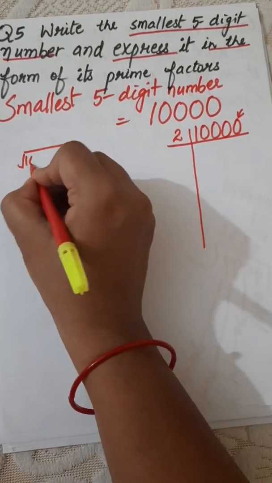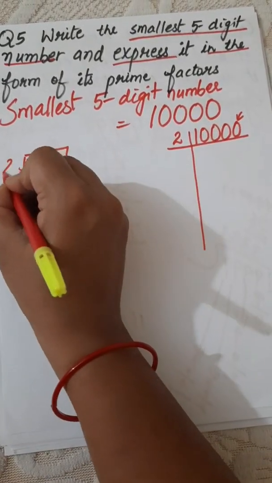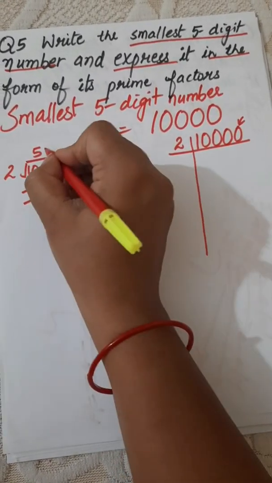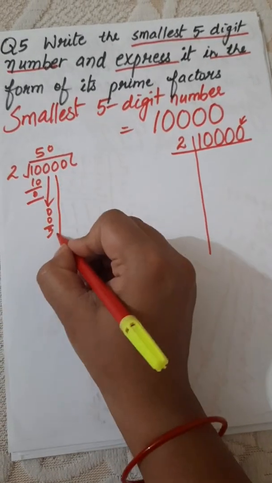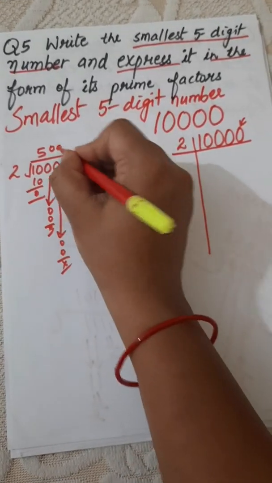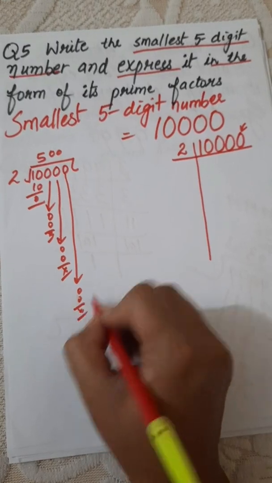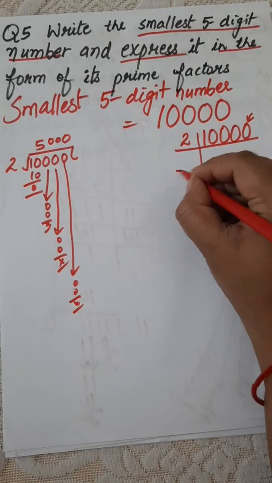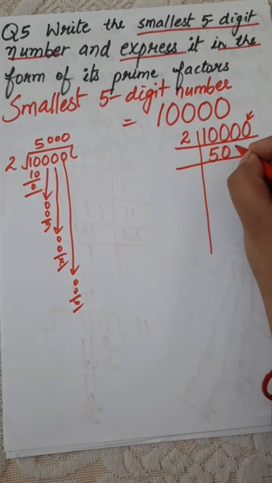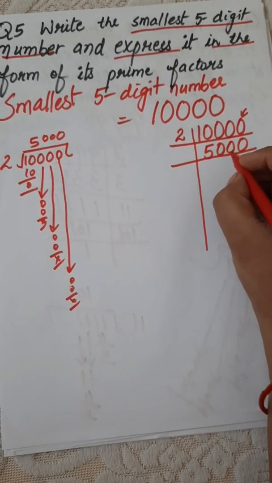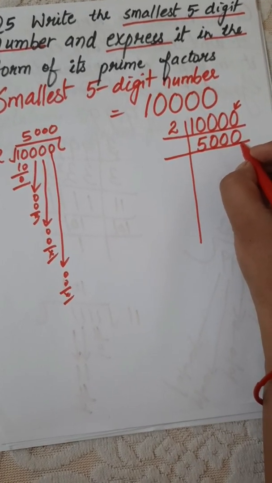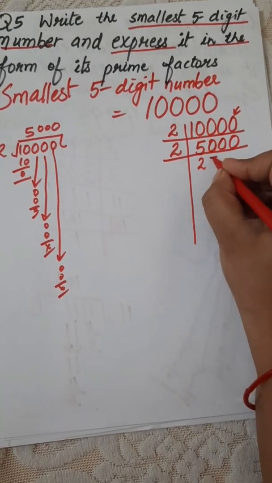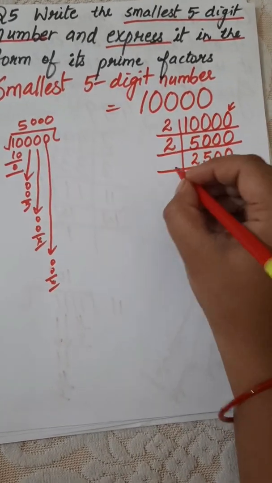You can also divide in the rough side. 2 5s are 10, then 2 zeros are 0, again 2 zeros are 0, again 2 zeros are 0. You can divide like this for your convenience. So we have 5000. Now similarly again the digit at the ones place is 0, so it is divisible by 2. You can divide in the rough side. So after dividing you will get 2500.